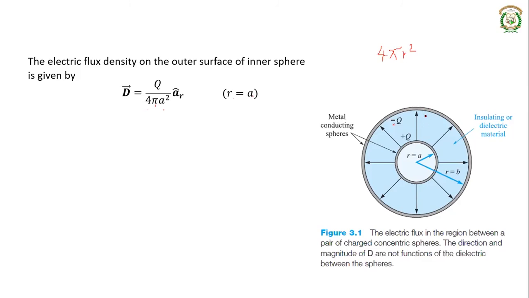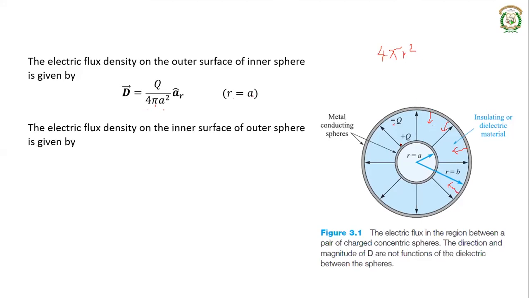Since it is minus q, the direction is minus ar. When you are considering flux, if ar is moving outward from the sphere, the direction which is coming into the sphere will be minus ar.